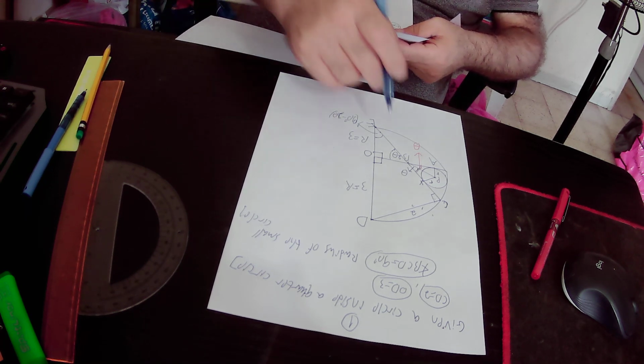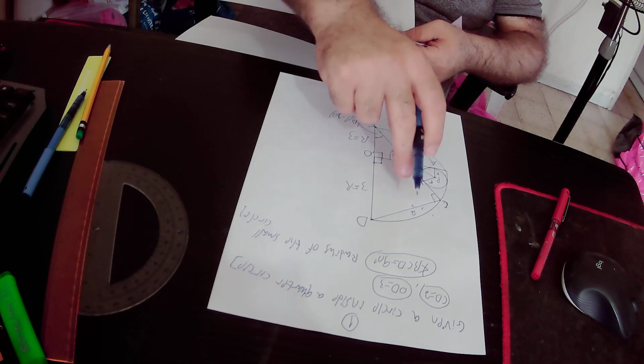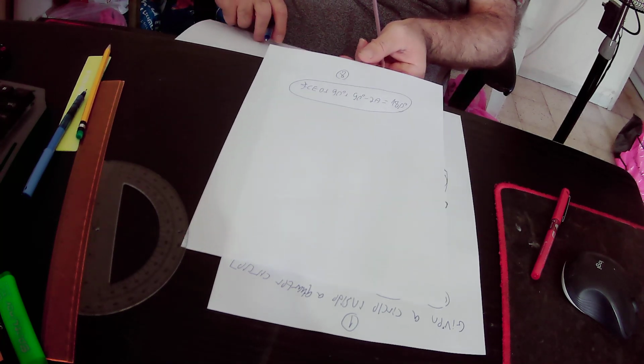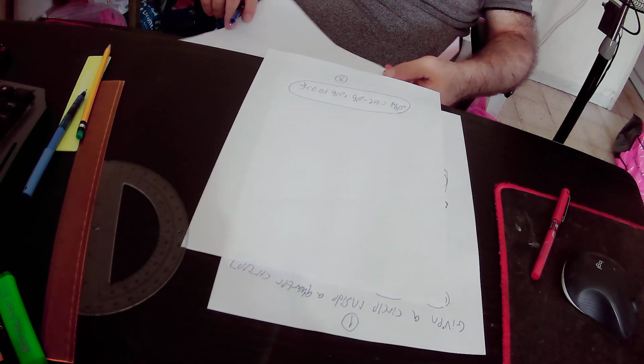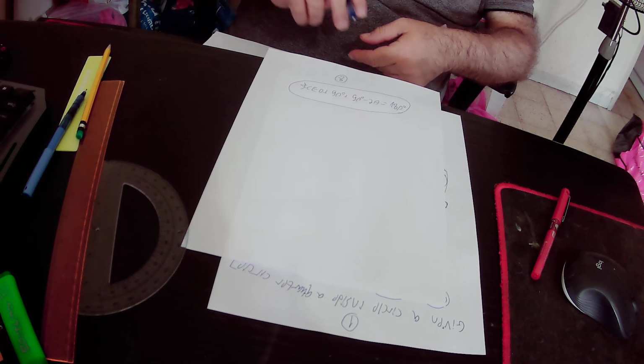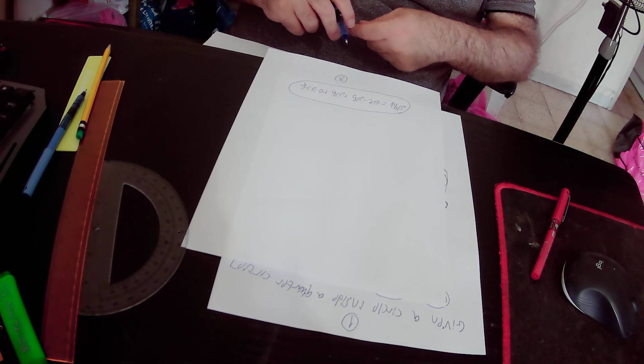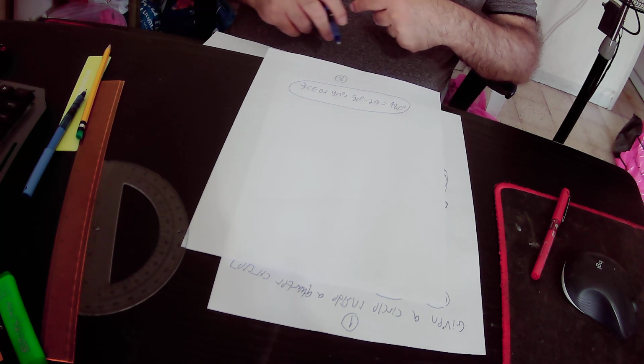Again, the sum of the angles in the right triangle CDE equals 180 degrees.